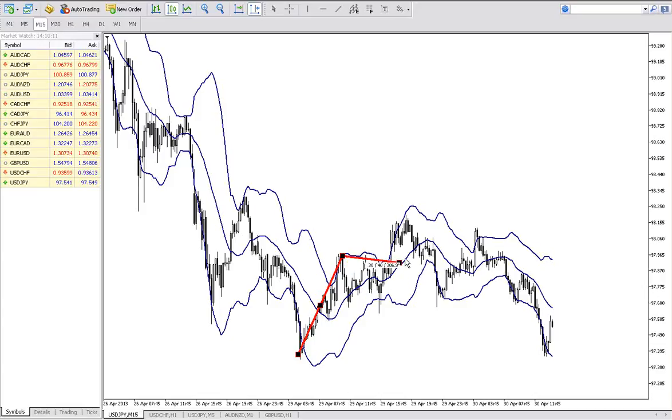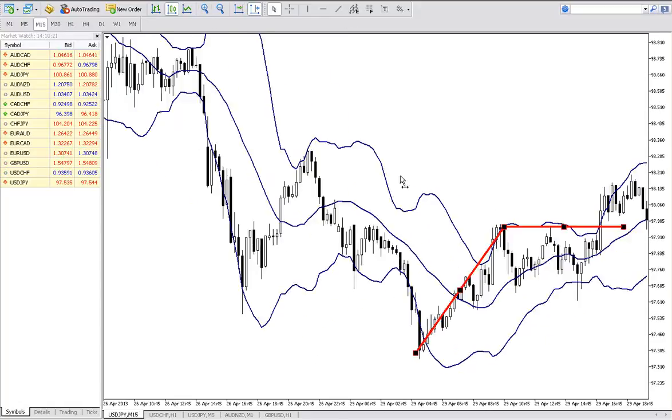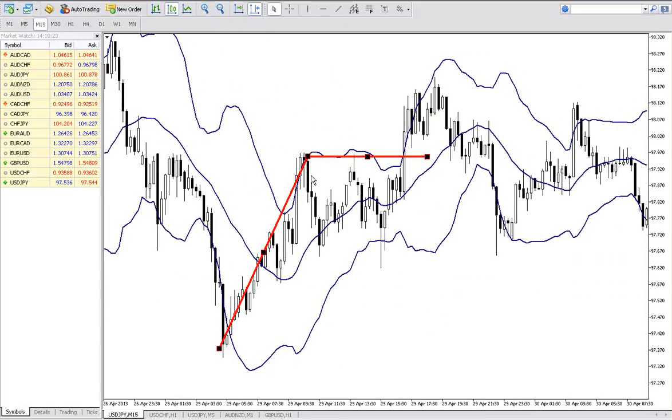So I'm just going to move it here so that it connects this high here. Okay, so I've done that there. I'm just going to zoom in a little bit to make it a little bit easier for you to see. So I've got my trend line there, starts there and then there.